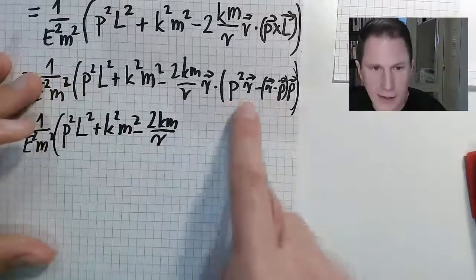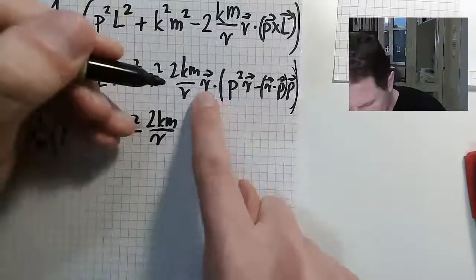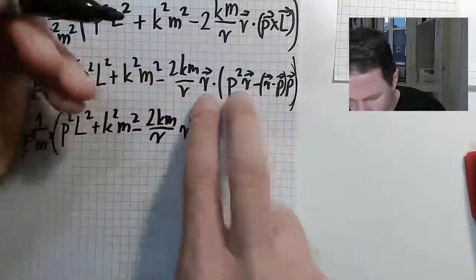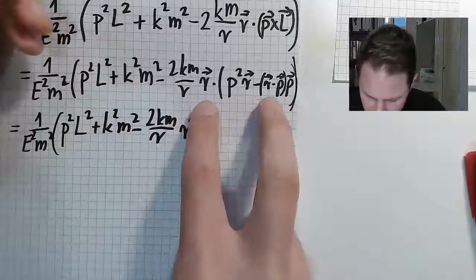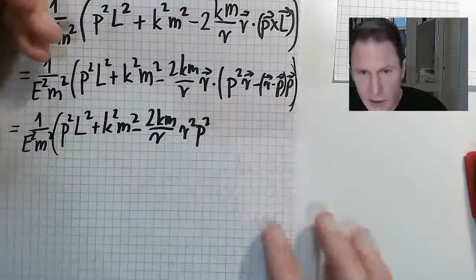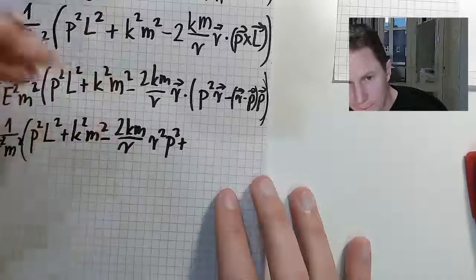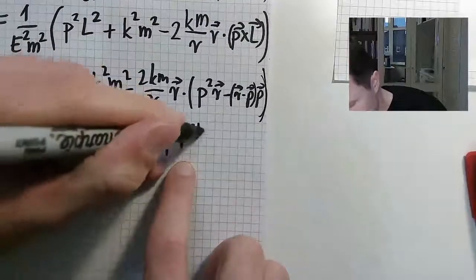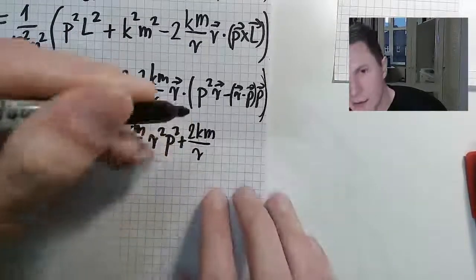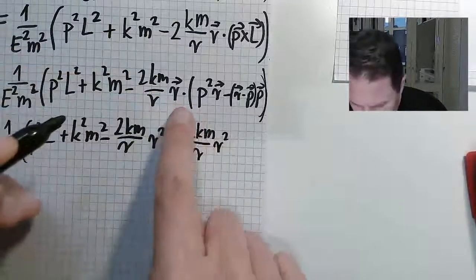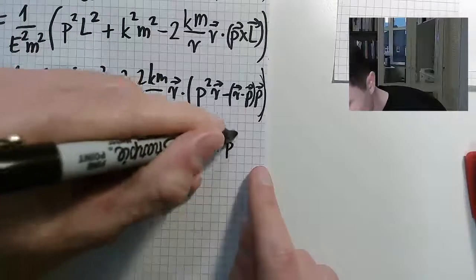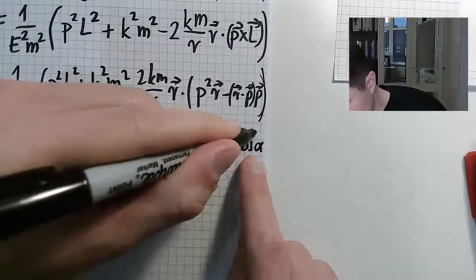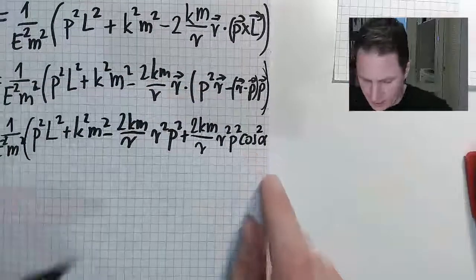And what we have here is, of course, we will get r squared times p squared from the first term when we expand this parentheses. And from the second one, because of these two minus signs, it's going to be a plus, 2k times m over r times the length of r squared times the length of p squared times the cosine of the angle between these two vectors r and p squared.